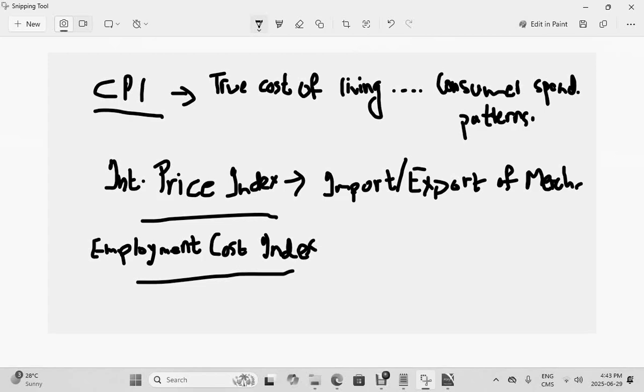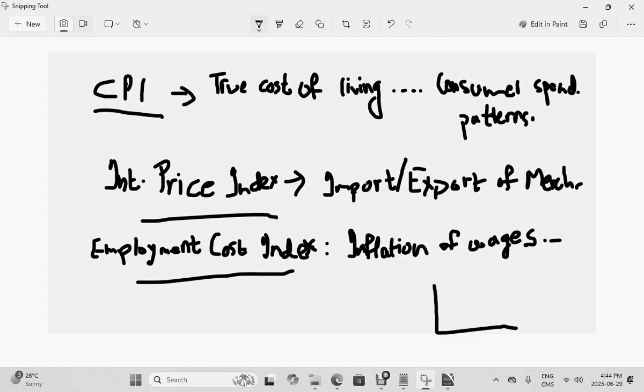When it comes to inflation of wages, what ends up happening is that as the demand for labor goes up, so do the wages.